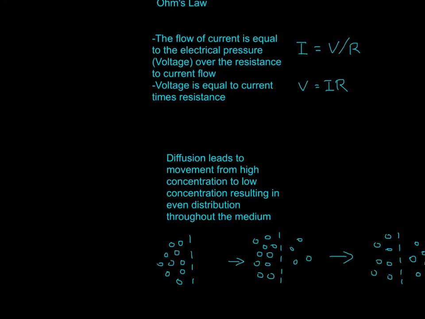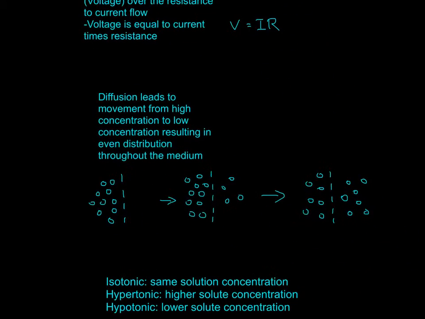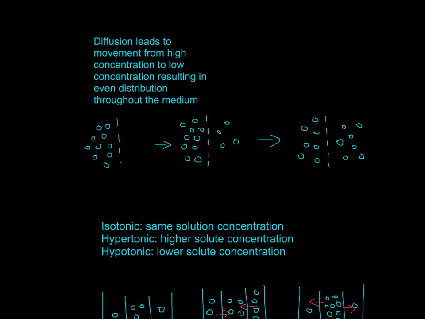So that was just the physics part, and now let's talk about diffusion. Diffusion leads to movement from high concentration to low concentration, resulting in even distribution throughout the medium. It's just a product of nature that everything wants to be equal, so it creates this tendency to always try to be equal.